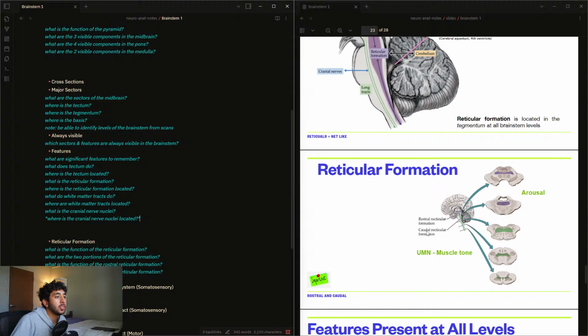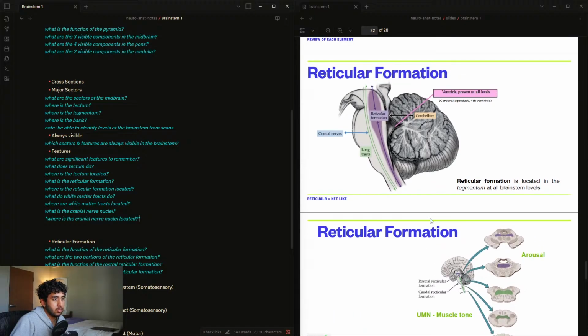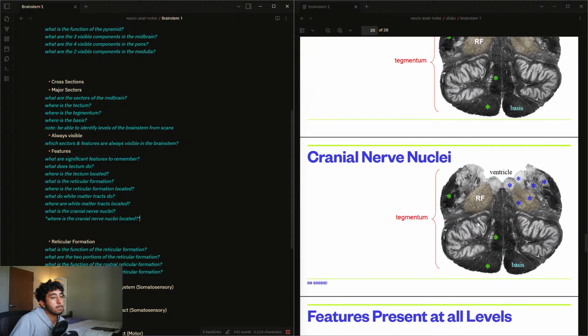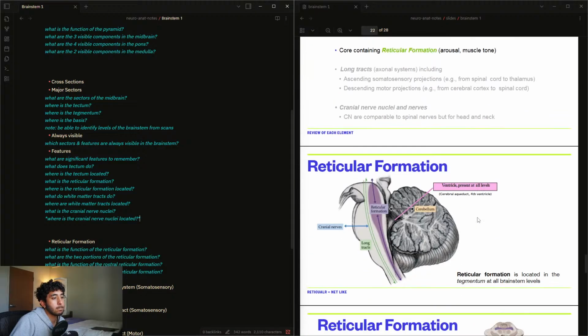Some features. You can see the upper motor neuron.